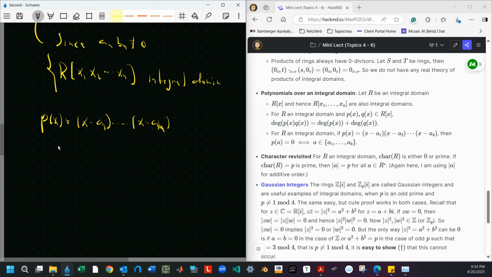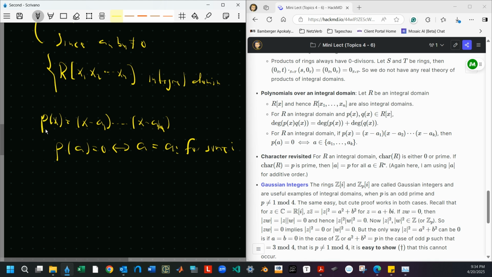Then we see that p(a) equals 0 if and only if a equals a_i for some i. So this is something you use when you're trying to break polynomials into pieces. We saw earlier that this kind of thing doesn't happen in Z_12[x], but Z_12 is not an integral domain, so Z_12[x] is not an integral domain.